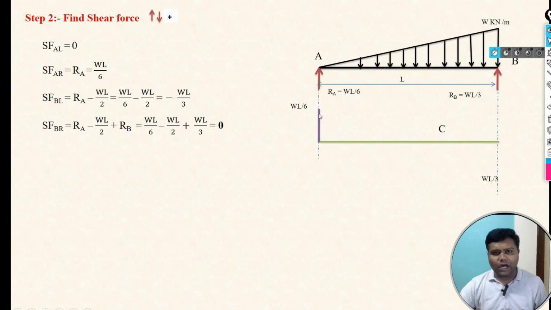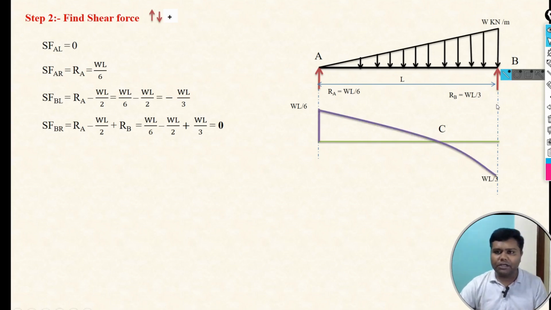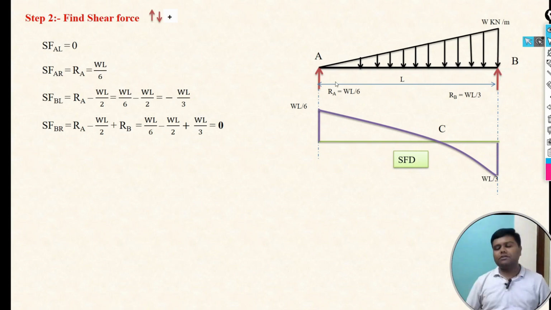After that, we have calculated the shear force at point B, and at the left of B it is WL by 3. Here we can see the shear force at B left is minus WL by 3, so it should be below the baseline. Then after B right it is 0. So this is our shear force diagram for this case.